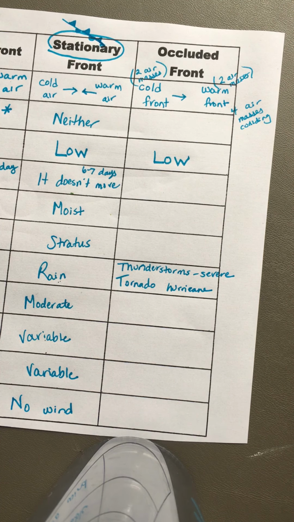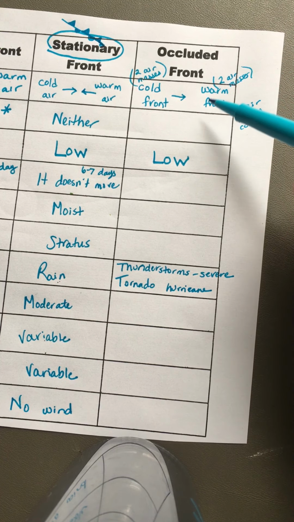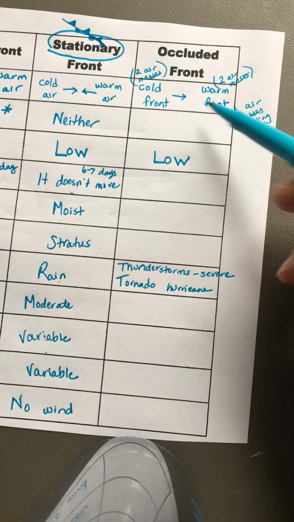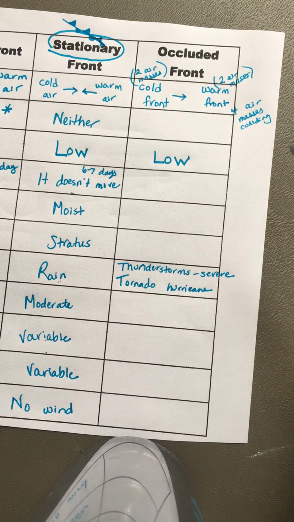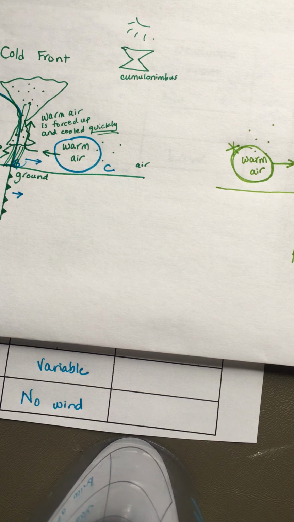We have a cold front probably overtaking a warm front, and so I'll talk to you a little bit about what happens in the weather. All right, so the way we talk about the occluded front, it's sort of cool. With the occluded front, I don't really want you to know a ton of detail.